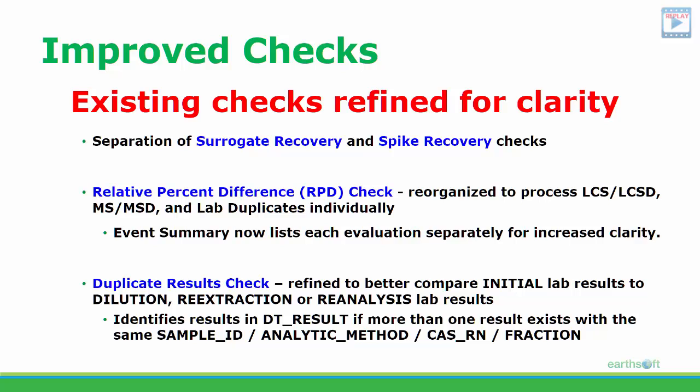Within the DQM interface, it's kind of tricky to be able to tell which one is which. That will be fixed in EQuIS 7. But it'll certainly allow you to see all of the instances where you have a sample ID, analytic method, CAS-RN, and fraction combination that are duplicated.